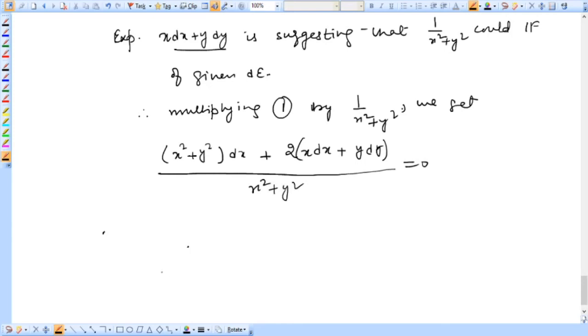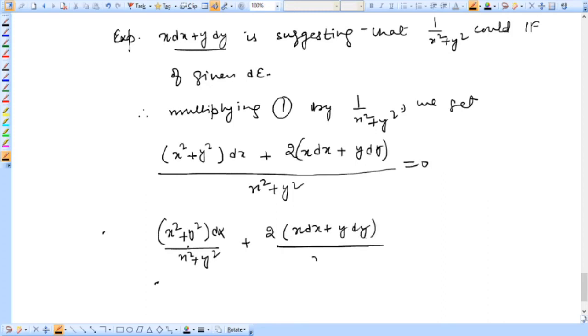Now separating, x square plus y square dx over x square plus y square plus 2 x dx plus y dy upon x square plus y square is equal to 0.